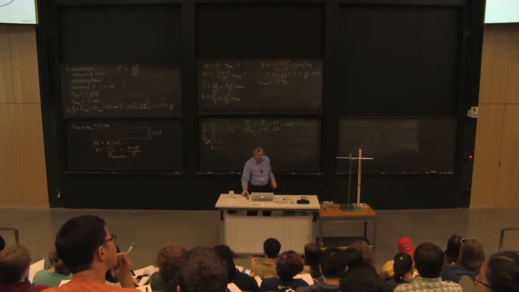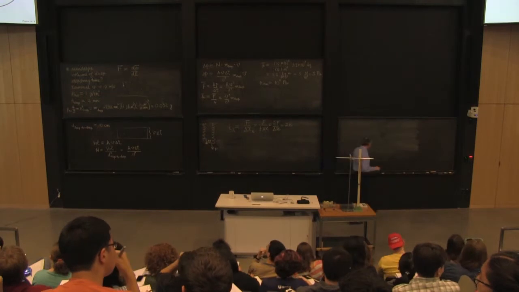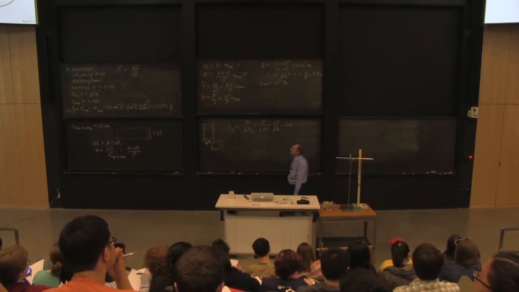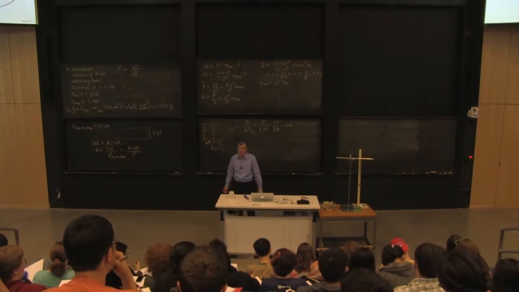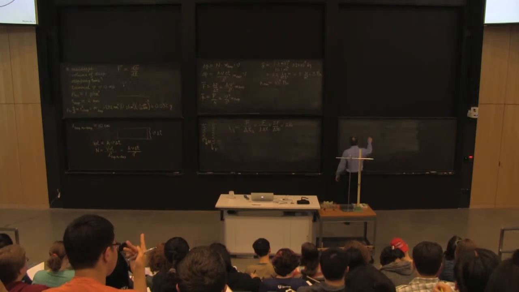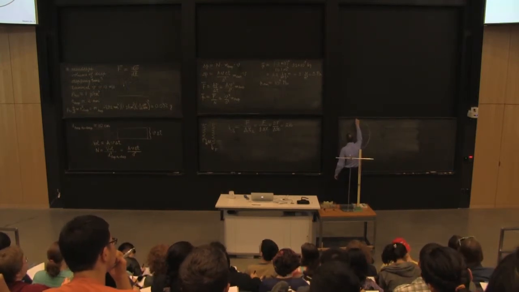Now I want to consider something else, and that is motion at constant speed around a circle. That's allegedly a circle.